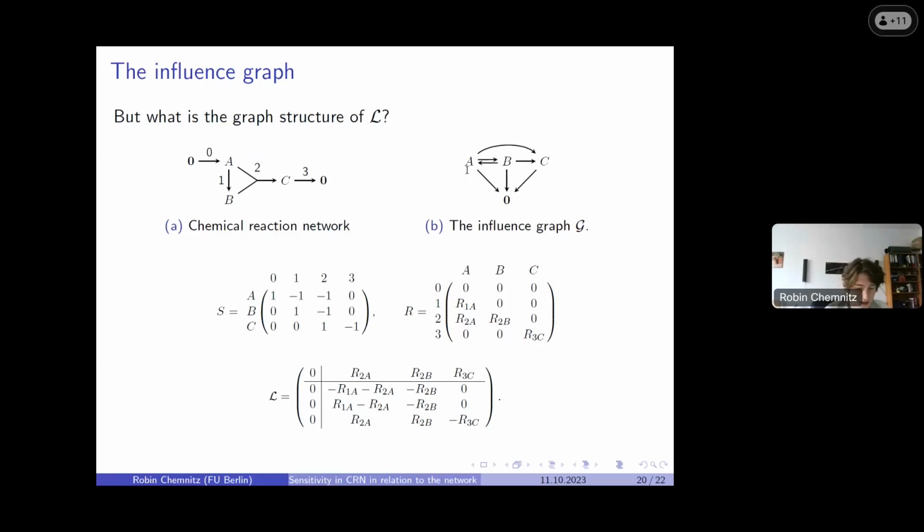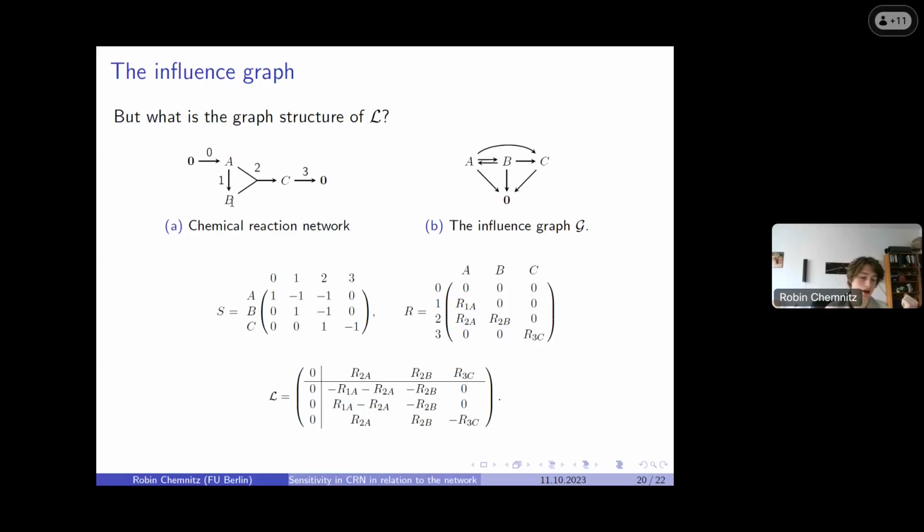The first thing is, if there is a reaction such that two metabolites are in the same reaction, then they will have an influence on one another. So for example, in A to B, A and B are part of the same reaction, so A has an influence on B.